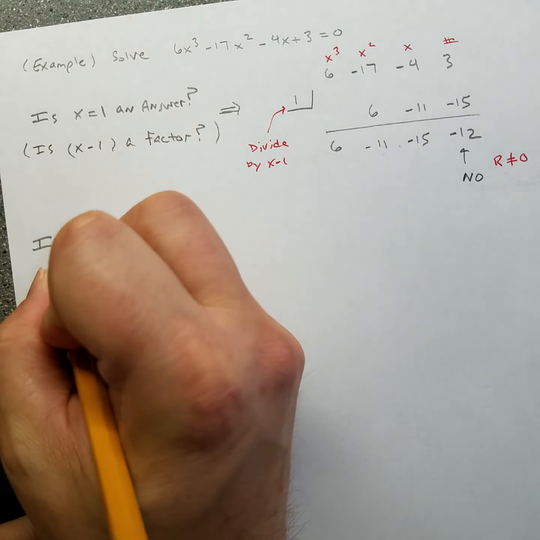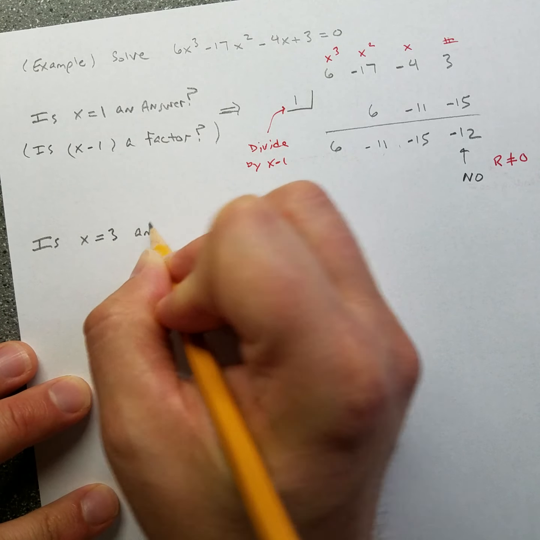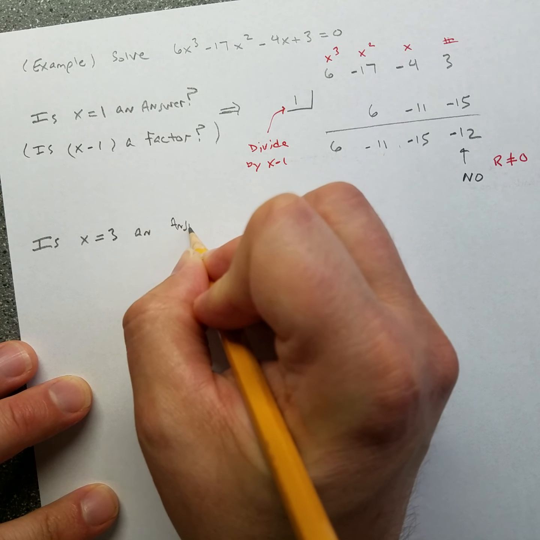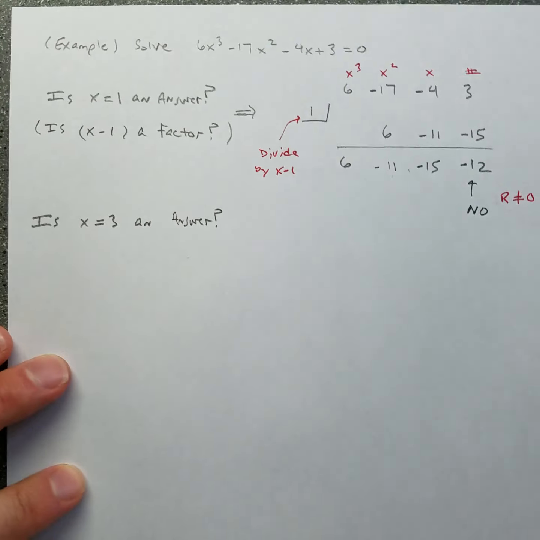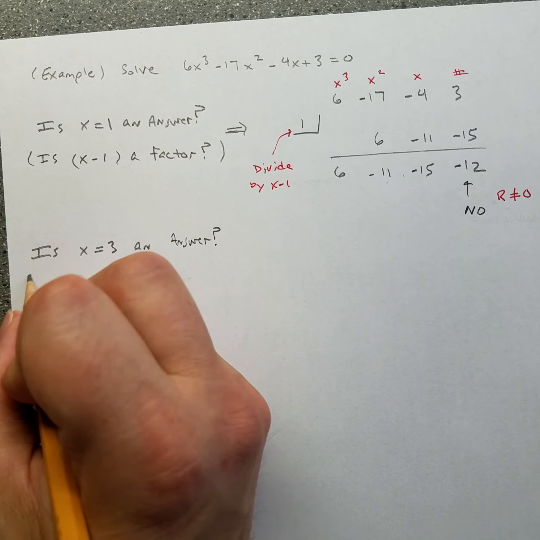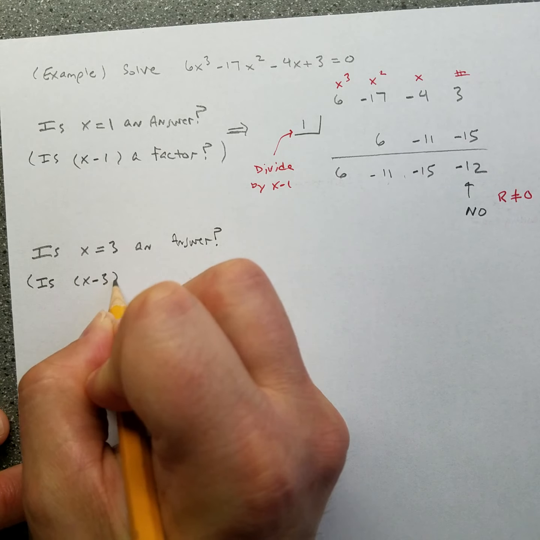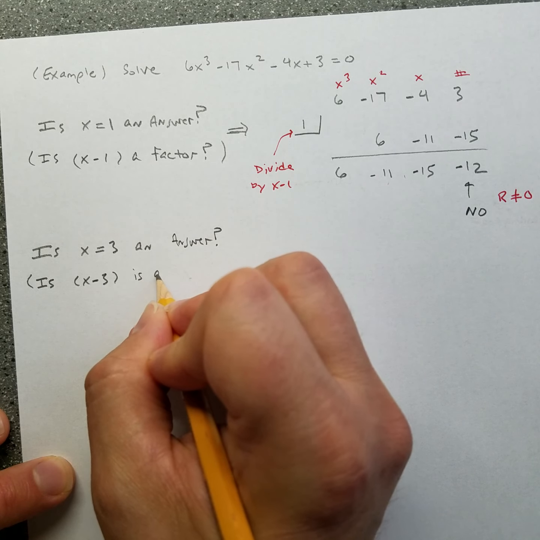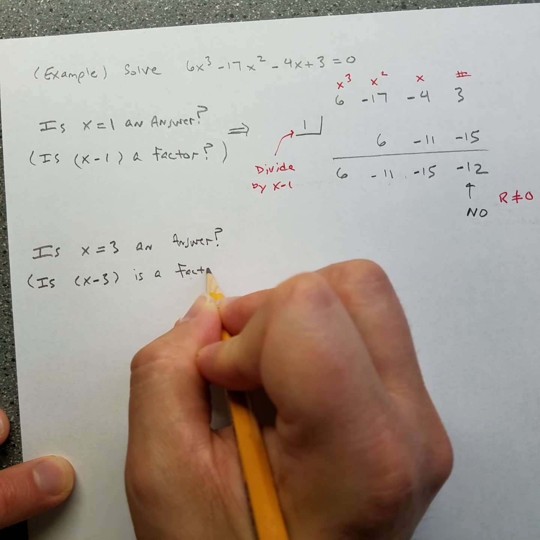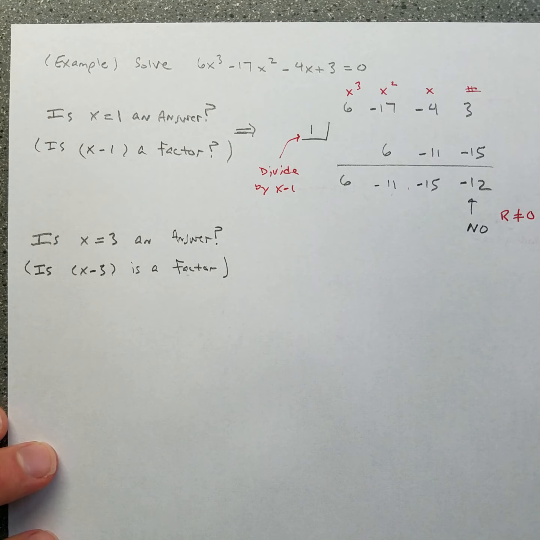So I'm gonna go to the next part and I'm gonna say, is 3 an answer? Let's say I have a hunch that I think actually 3 is an answer to that. And the other side of the coin is that x minus 3 is a factor, right? Because factors come from the answers and vice versa.